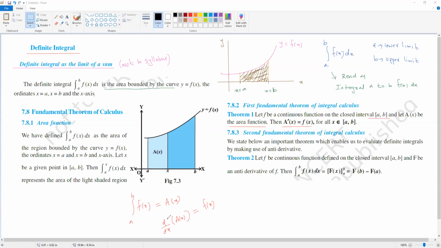Derivative of some function is f of x, then we can say that integration as a reverse process, integral of f of x is equal to A of x.